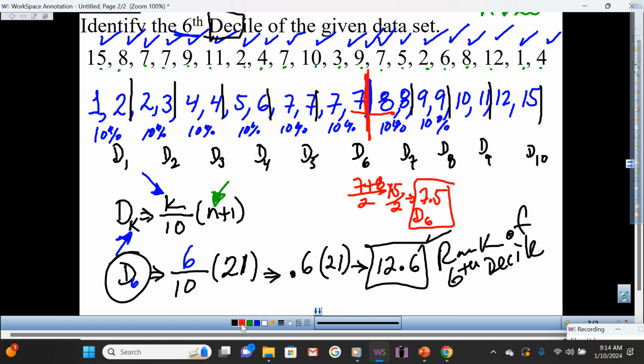I'm going to use red to count. 1, 2, 3, 4, 5, 6, 7, 8, 9, 10, 11, 12 and a half is about right here. How do we find that? We take these two, divide by 2, and that's approximately 7.5. Right, Chelsea? Okay, we got it.